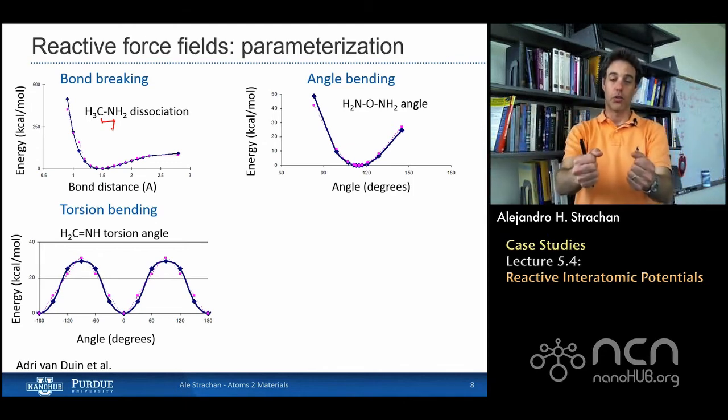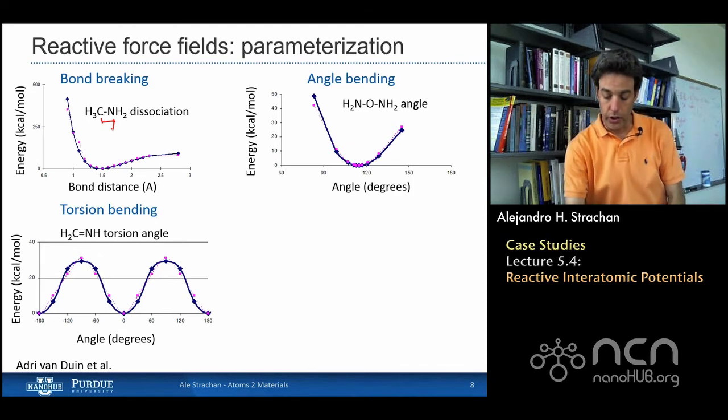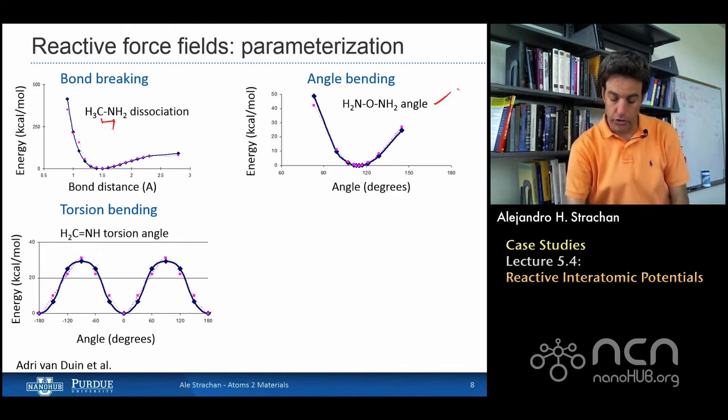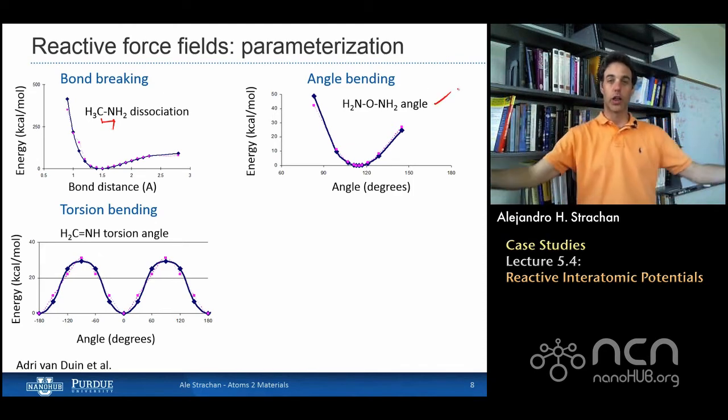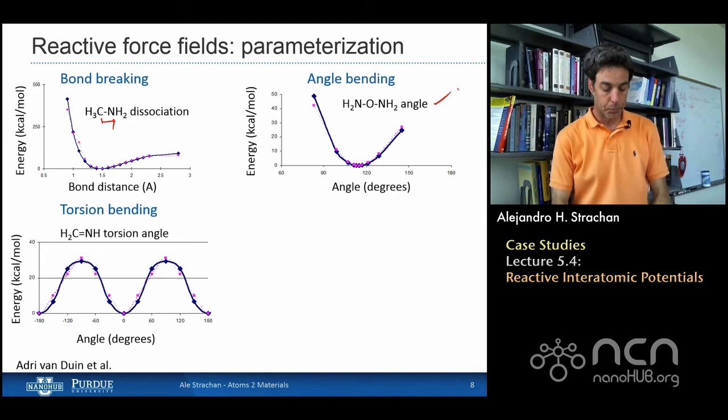So what you do is you break every bond possible in the system. You bend every angle, like you see here for a nitrogen-oxygen-nitrogen angle, and again, what you try to reproduce is the energy as a function of bond angle.